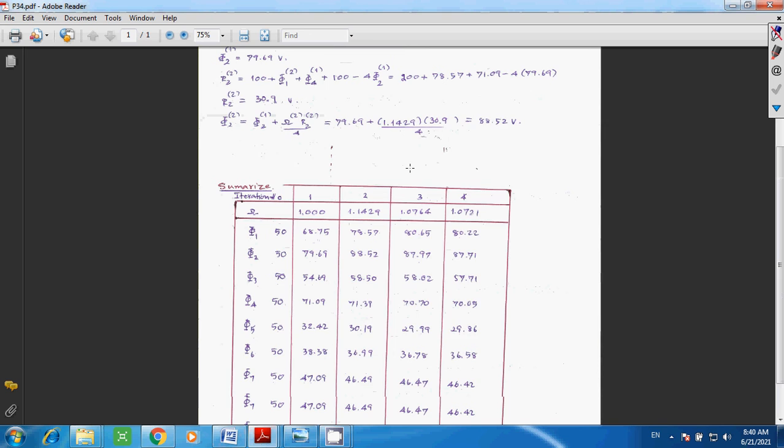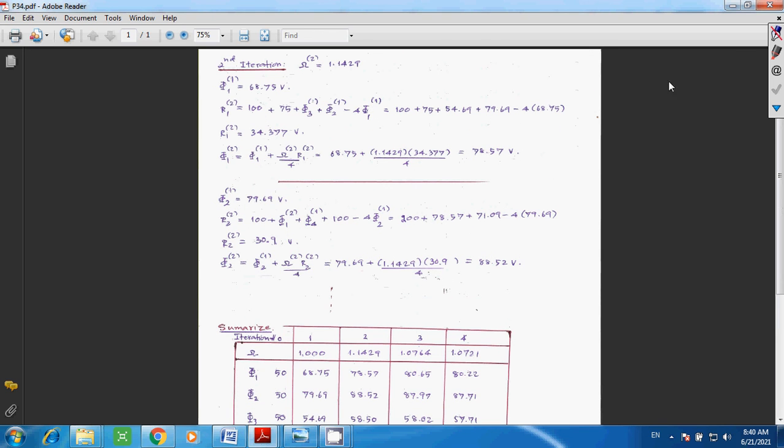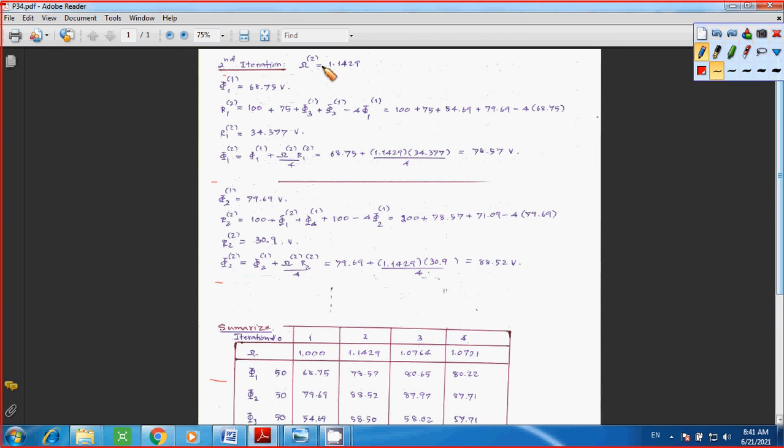What about the second iteration? Here's my second iteration. You do the same thing. Your omega equals 1.1429, and phi 1 from the first iteration is the 68.75, and your R1 of the second iteration, this is your phi 1, right?